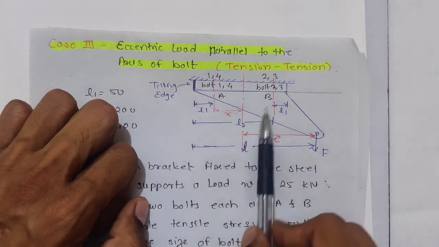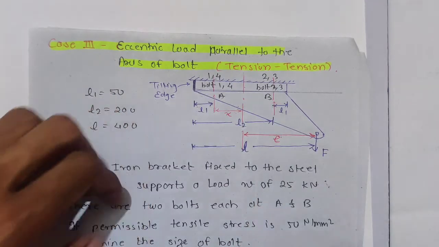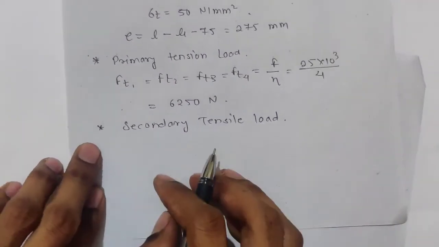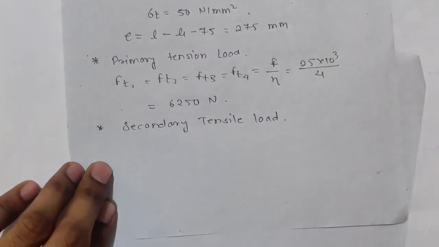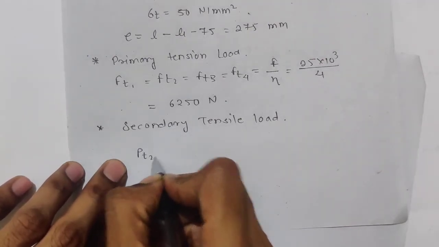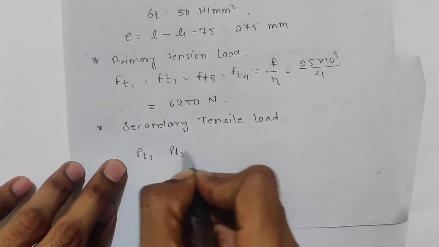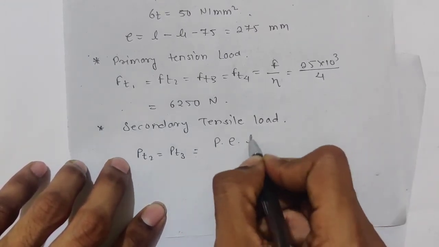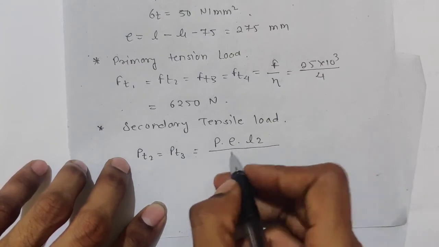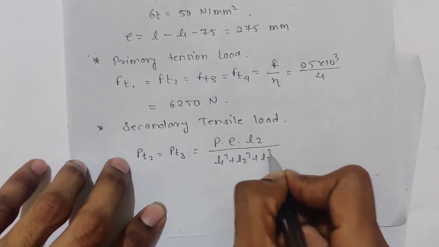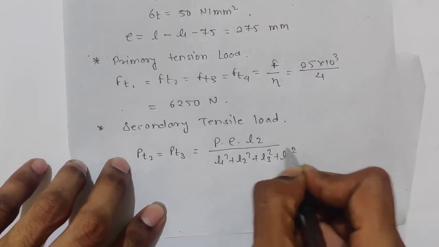So now it is 2 and 3. I'm just writing the formula for secondary load: PT2 is equal to PT3 is equal to P into E into L2 divided by L1 square plus L2 square plus L3 square plus L4 square.